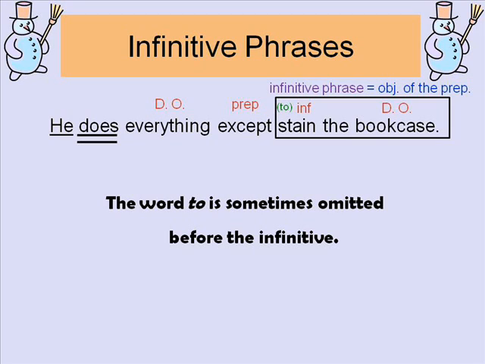But you kind of have to recognize that. So in this case, we have an infinitive phrase following the preposition except, and that infinitive phrase is acting as the object of the preposition. In this infinitive phrase, we have a direct object, bookcase. So bookcase is the direct object of the infinitive phrase that's serving as the object of the preposition in my sentence.